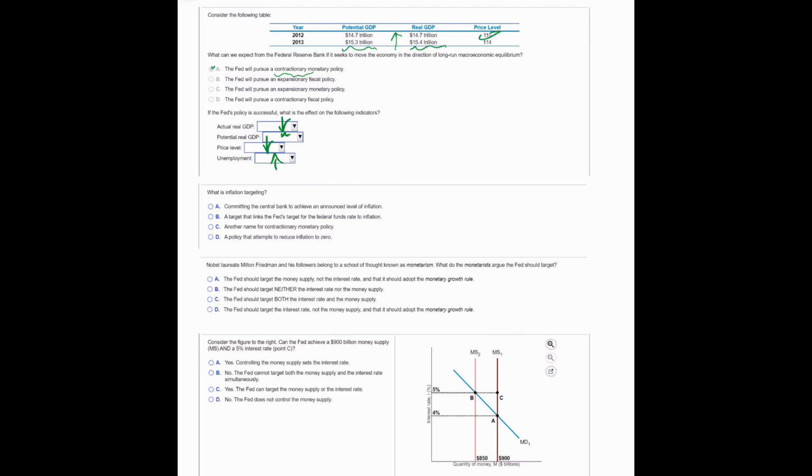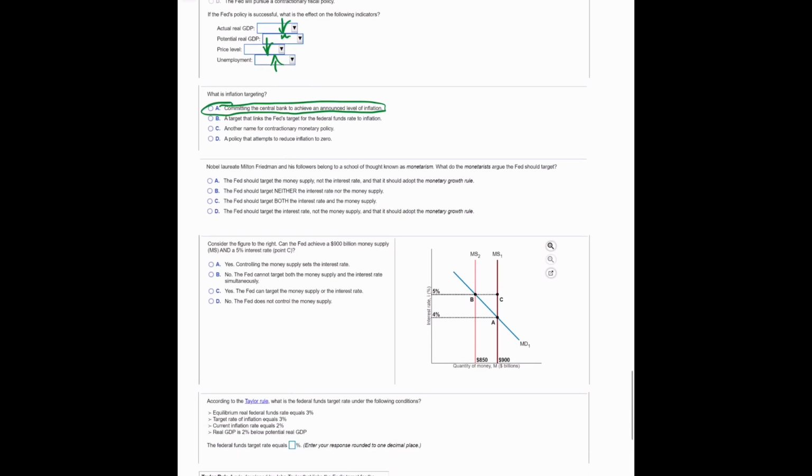What is inflation targeting? This is a policy that commits the central bank to achieve an announced level of inflation. So they pick a target based on all the information they have. They come out, they announce this target, and then they remain committed to it since they've made such a very public announcement. Nobel laureate Milton Friedman and his followers belong to a school of thought known as monetarism.